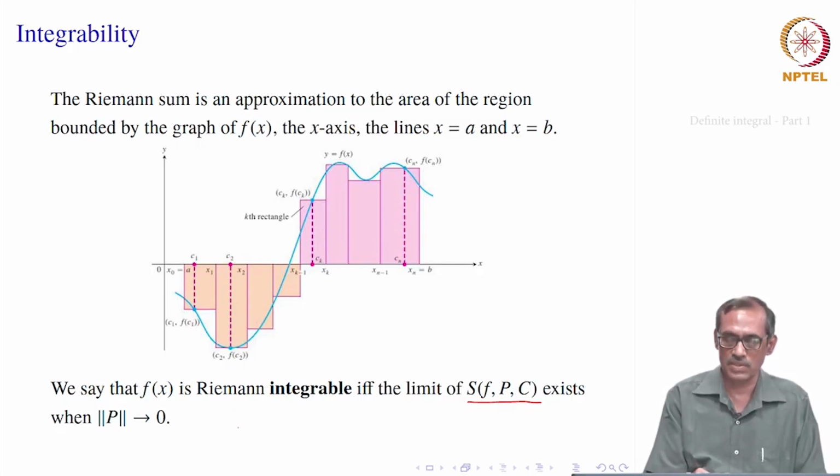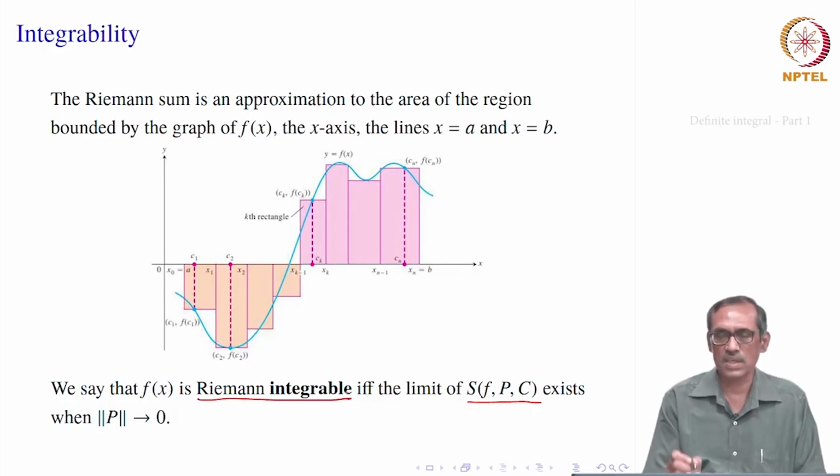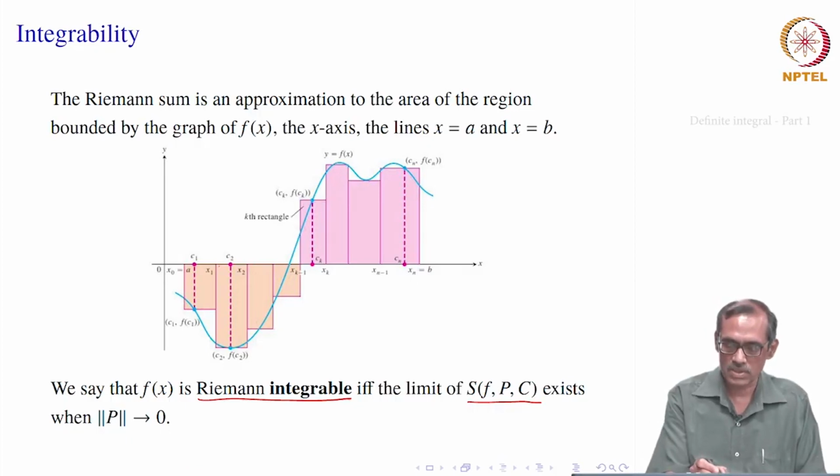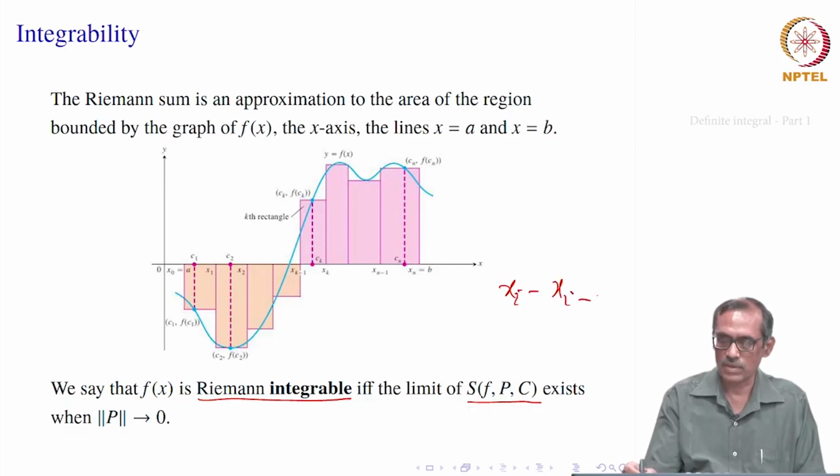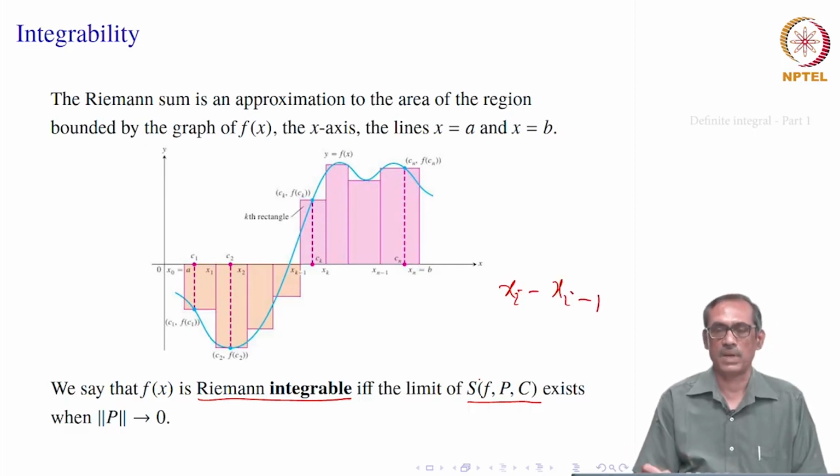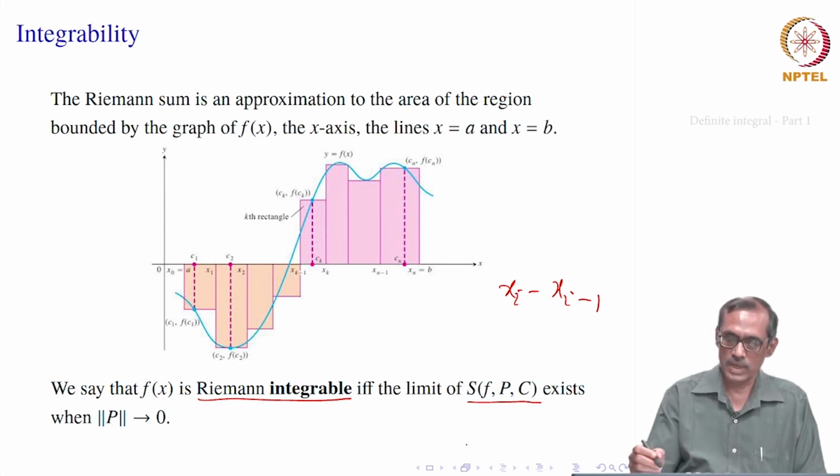We say that the function is Riemann integrable, or just integrable, if the limit of this Riemann sum exists when norm P goes to 0. When norm P goes to 0, the length of each of these subintervals, x_i minus x_(i-1), becomes smaller and smaller and approaches 0.